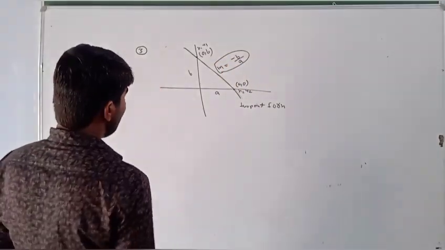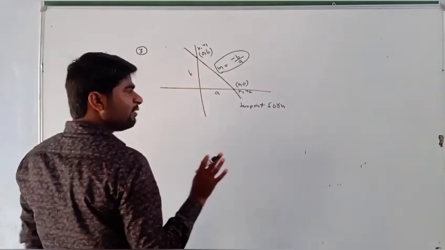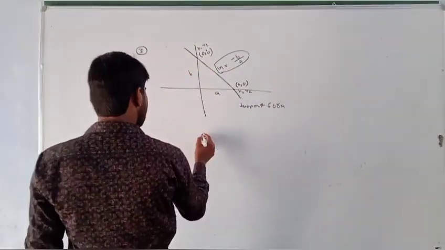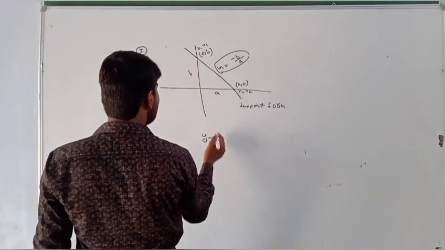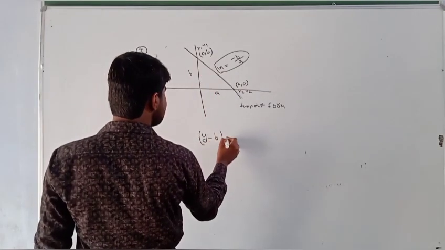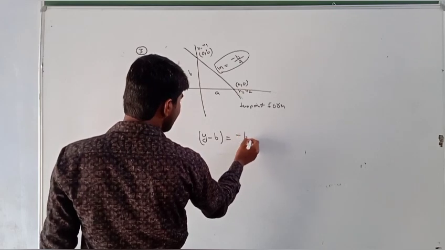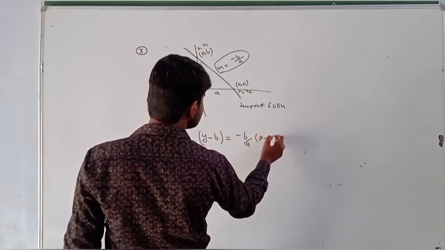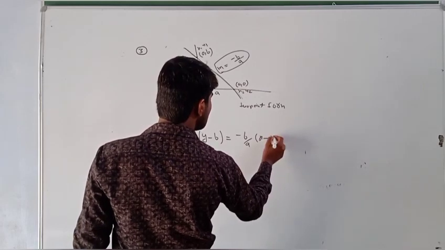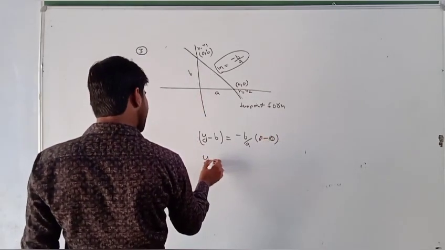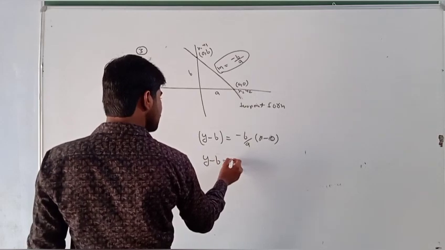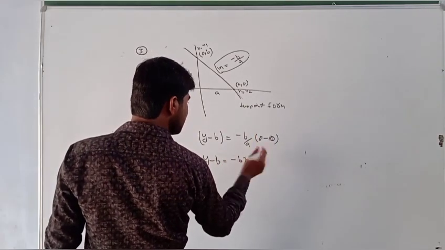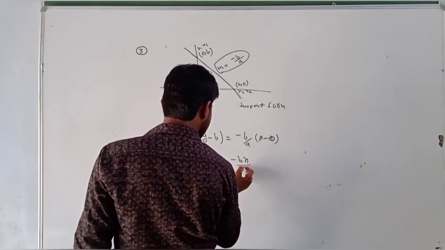Now you can take any one of the points as (x1, y1). So y minus, what is the value of y1? b is equal to m, that is minus b upon a, times x minus, what is the value of x1? It is 0. So what will be the equation? y minus b is equal to minus b upon a times x.